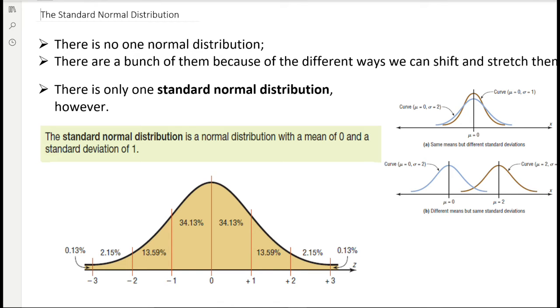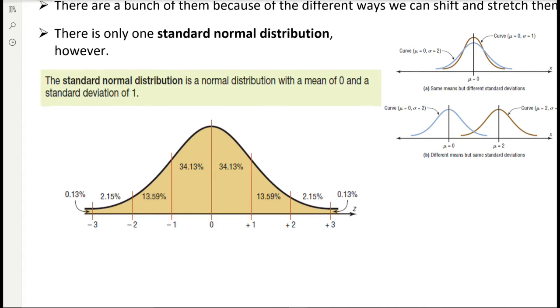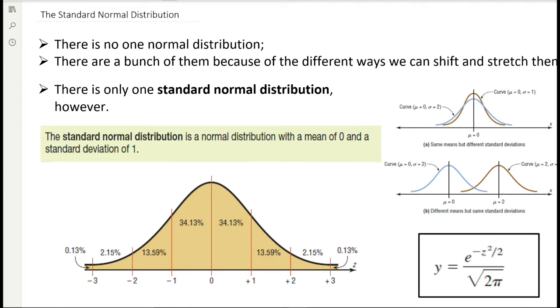So this is the standard normal distribution. Notice that the mean in the middle starts out at 0, and that the spread is 1 each time. So the standard deviation here is equal to 1 because it's spreading by 1 each time. The equation for the standard normal distribution is given here on the bottom right.